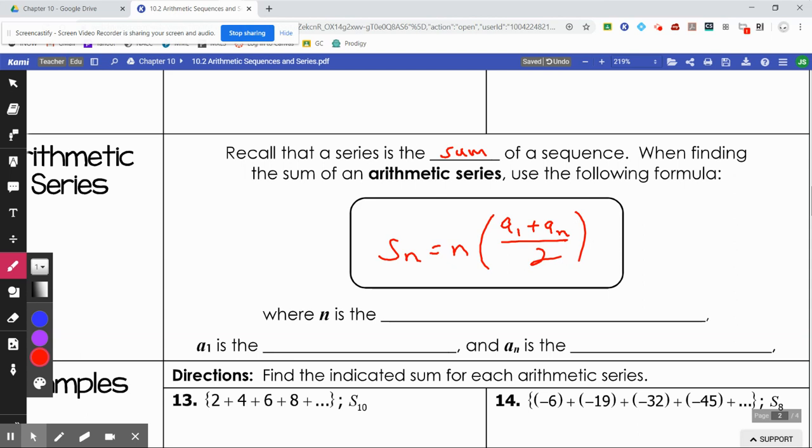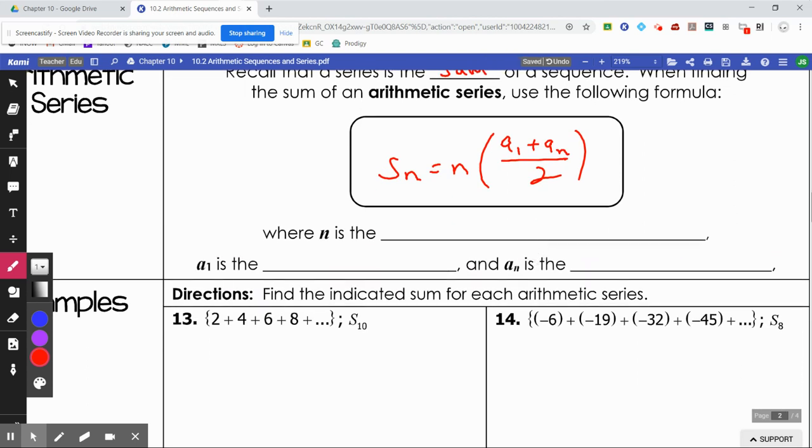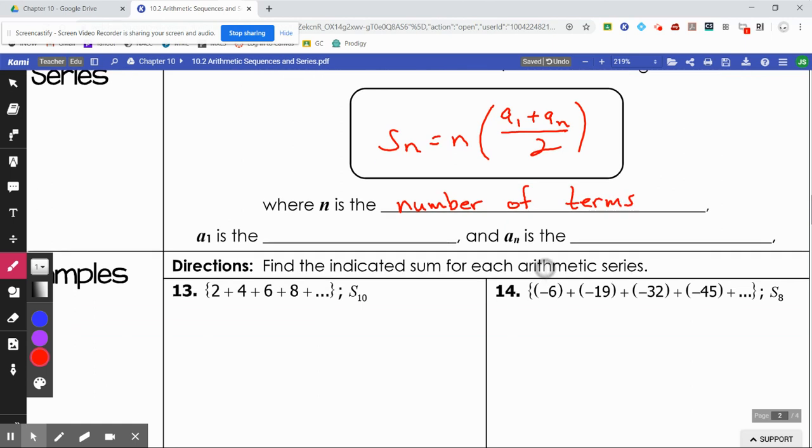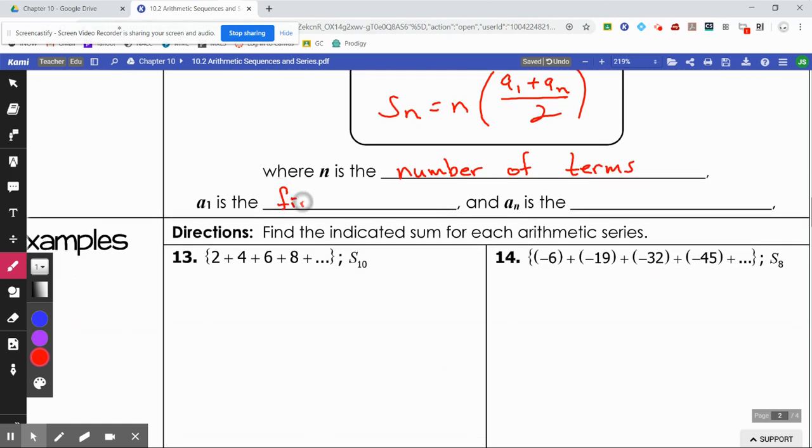There's your formula, where n is the number of terms, a sub 1 is the first term, and a sub n is the last term.